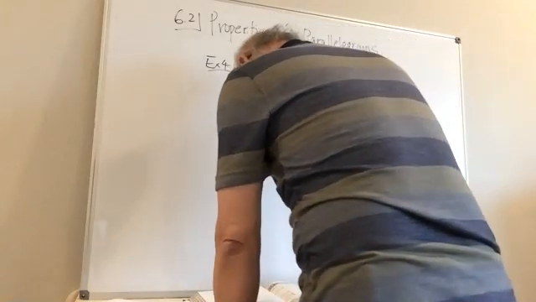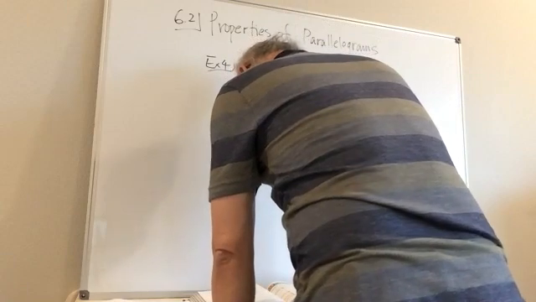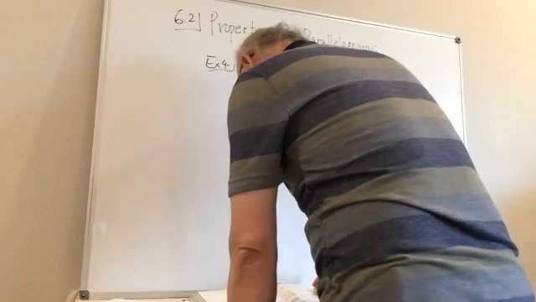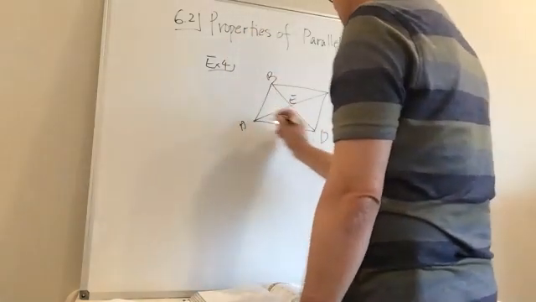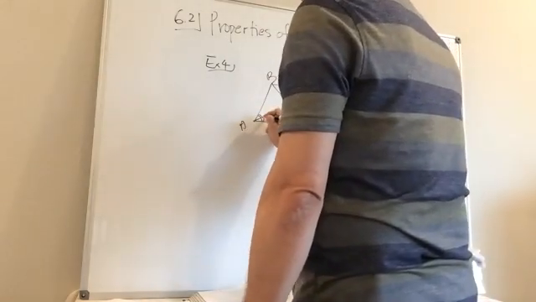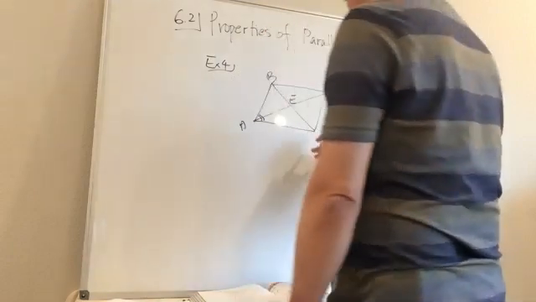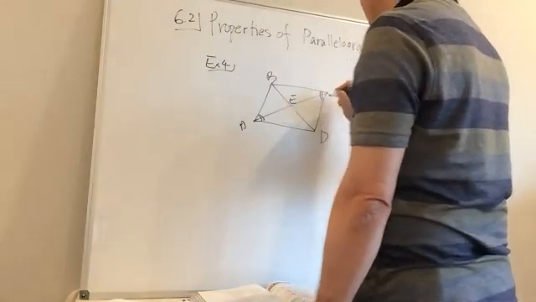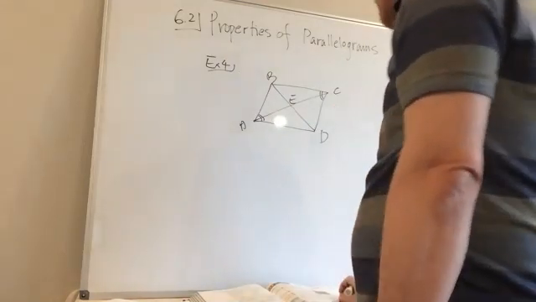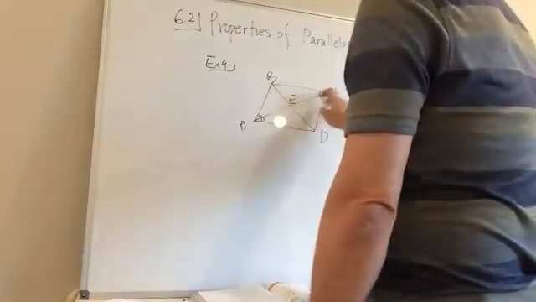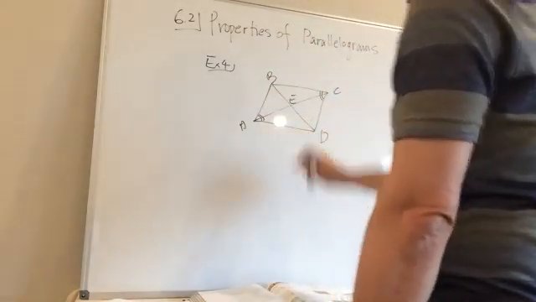Write a 2-column proof. Given that it's a parallelogram, prove that angle BAD and angle DCB are the same. So we need to prove that that's the same. And also we want to prove that angle ABC, this guy here, is the same as that guy.